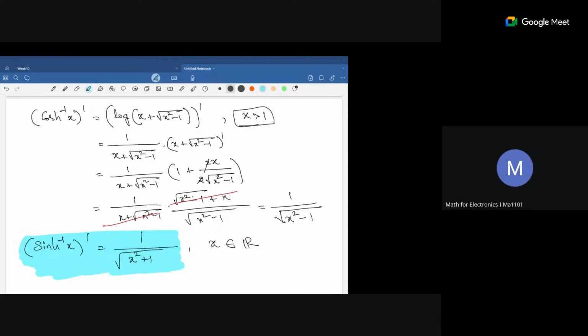So if I take the integral of the right side, then it will give me the sine hyperbolic inverse of x. Okay. So similarly, again, tan hyperbolic inverse of x, cos hyperbolic inverse of x, everything comes.